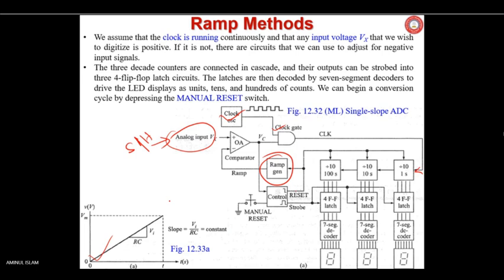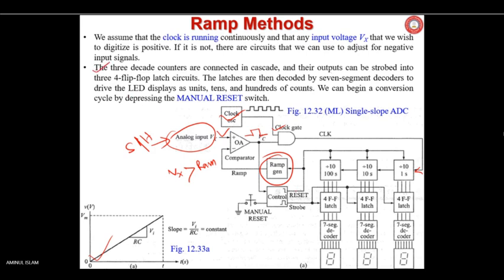Whatever was discussed earlier, the same thing will happen. If Vx is higher than the ramp, the comparator output will be high and the clock will pass, and the decade counter will start counting in sequence.